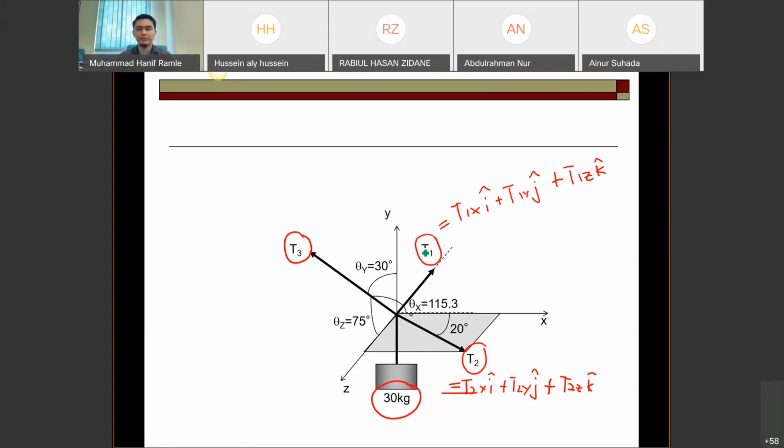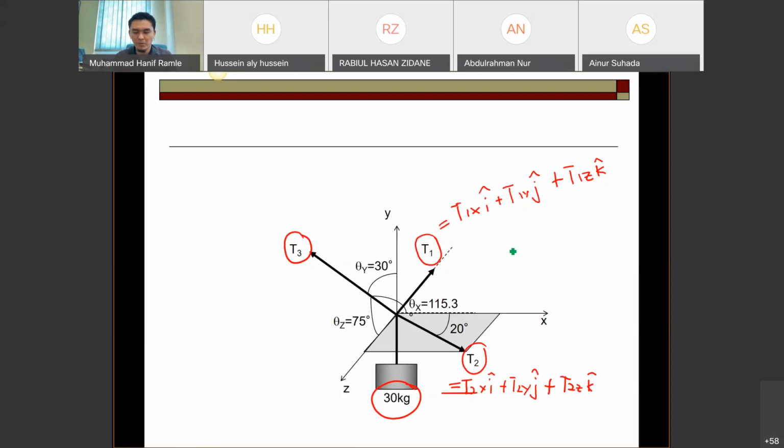Cosine. T1 cosine the angle and sine the angle for x and y. Yes, T1 cosine the angle and T1 sine the angle for the y.